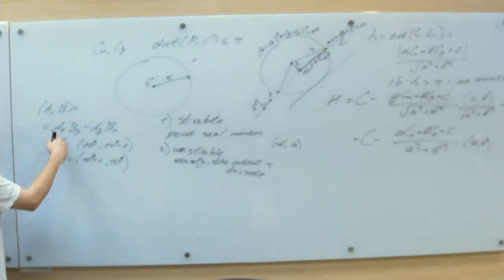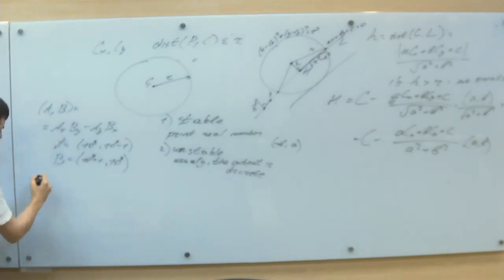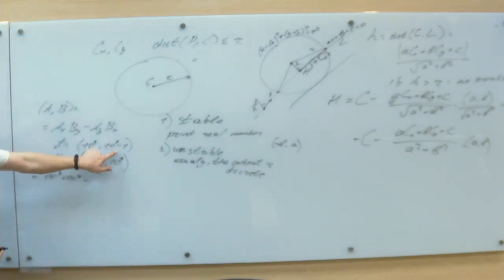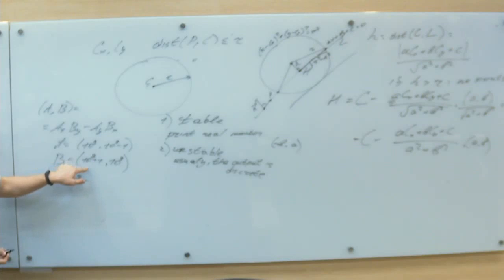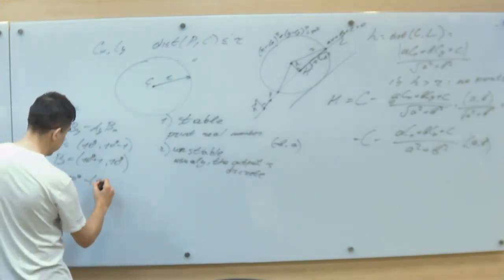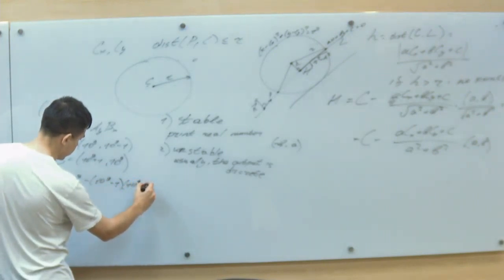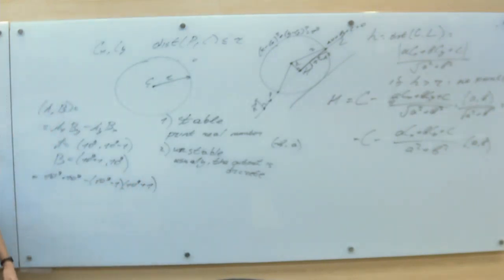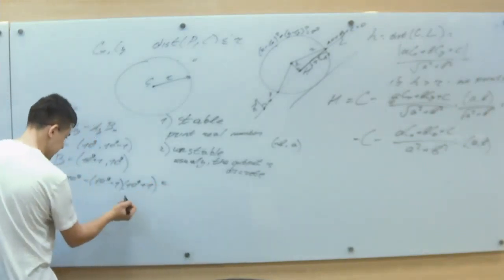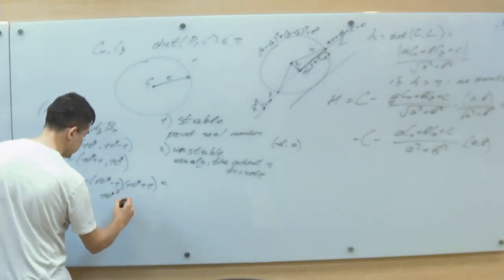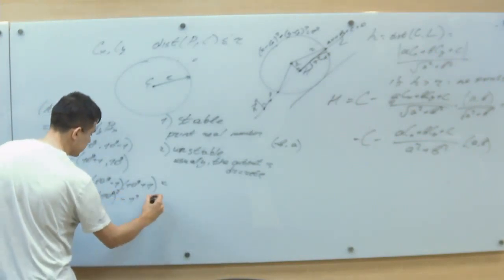It's 10^9 times 10^9 minus (10^9 minus 1) times (10^9 plus 1). And what's the result? 1. So this is the difference of squares: 10^9 squared minus 1 squared. So the result is 1.